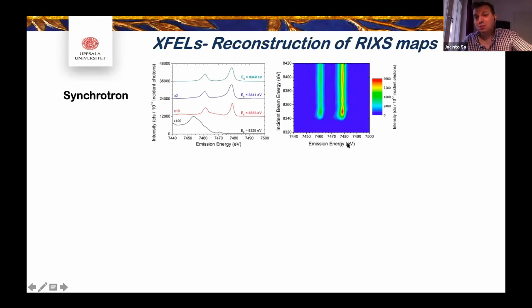And then, of course, this means it's time consuming. Independently of the free electron laser, scanning the beam energy is really, I would say, impossible, just because it takes a lot of time, and they will definitely not give you beam time to do that. So it gets out of the question.